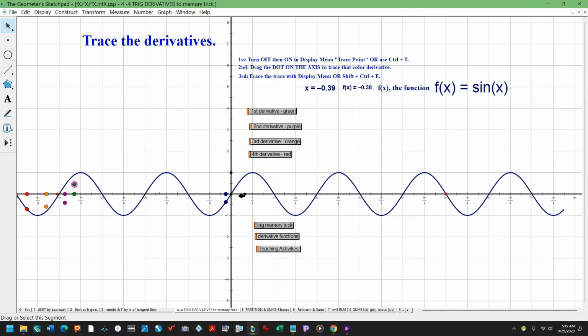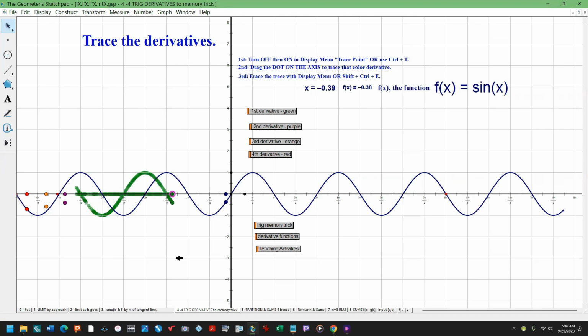So if I were here, the trace should be giving me a slope of 1. If I'm here, a slope of 0. Here it should be giving me a -1. Here it should be giving me a 0. Let's just see if it does that as I trace. This does it for every single point.